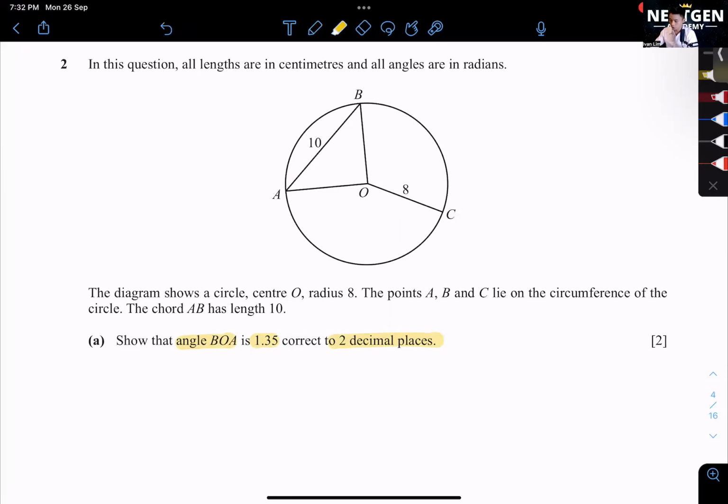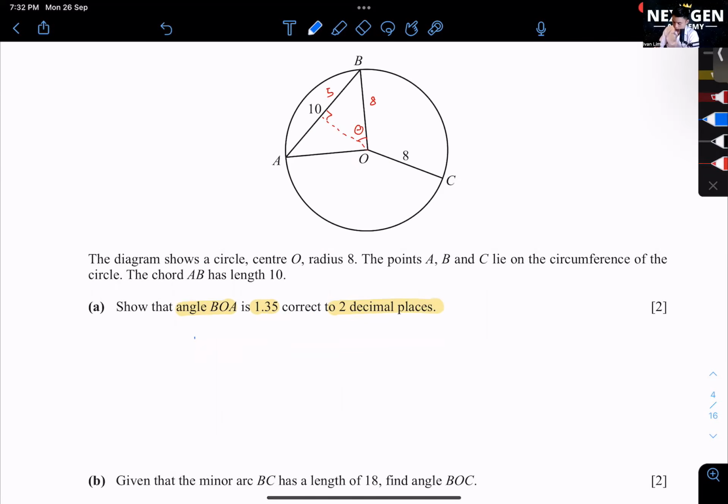Okay, y'all use sine or cos also, it doesn't matter. Okay, I'll just use this one. So you'll see the working there. Theta, we split it into 90 degrees. This one will be 5. And this one radius. Your radius will be 8. Okay, so sine theta on the red color one, sine theta equals 5 over 8.